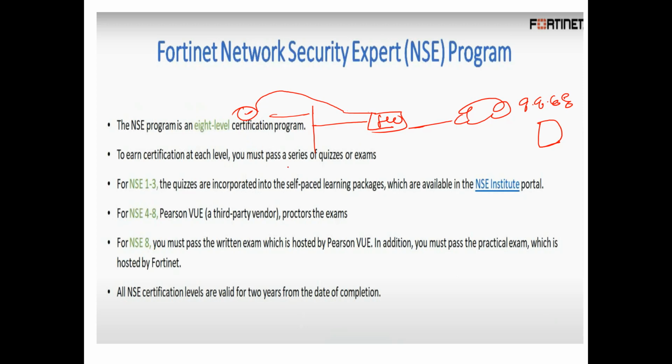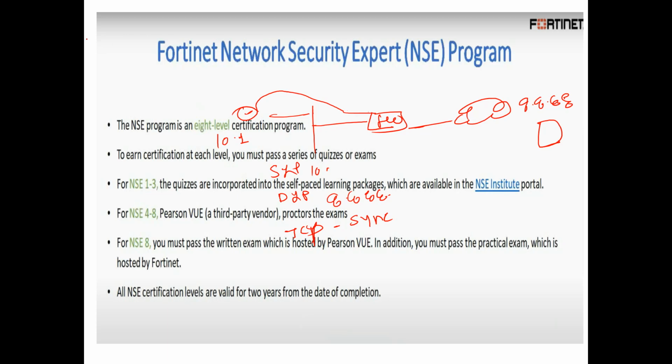Let's suppose this IP is 10.1 again, so the source IP will be 10.1 and the destination IP in the packet will be 8.8.8.8. And there will be a TCP SYN message, Transmission Control Protocol.